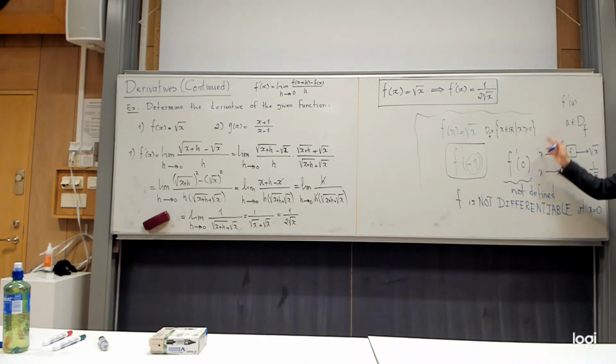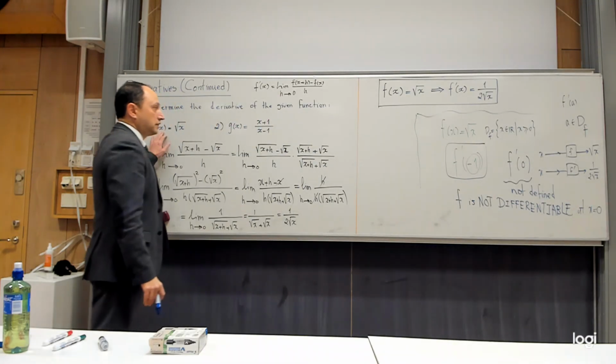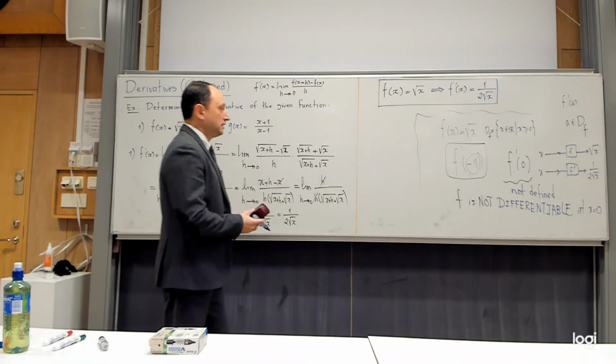But 0 is in the domain, but the process is so in a way that, as this calculation shows, the derivative becomes that which is unfortunately meaningless when I put x equals to 0. So this means that f is not differentiable at x equals to 0. Is that clear? Okay. This I want you to know from this function.